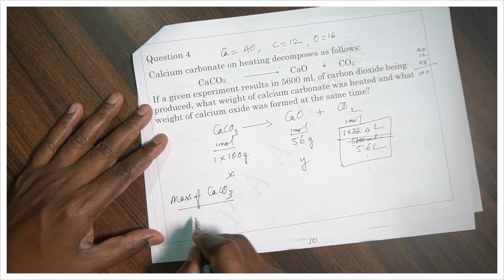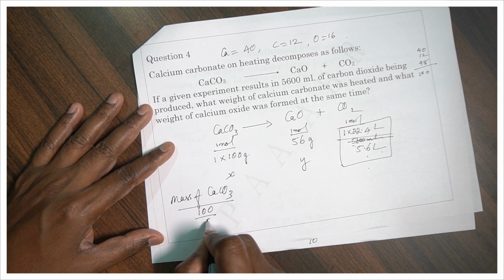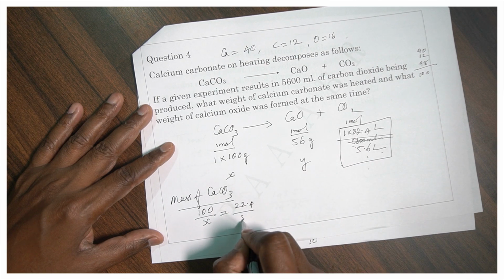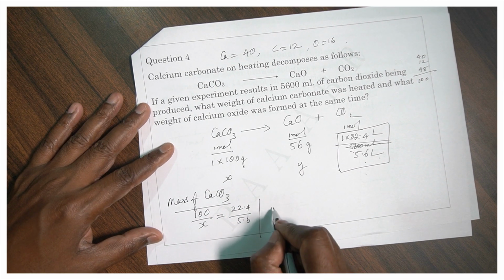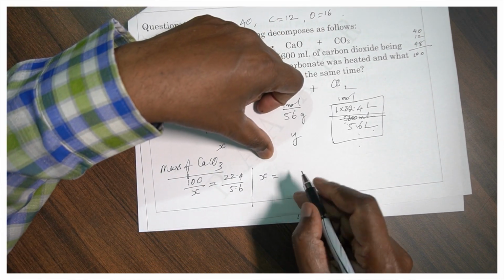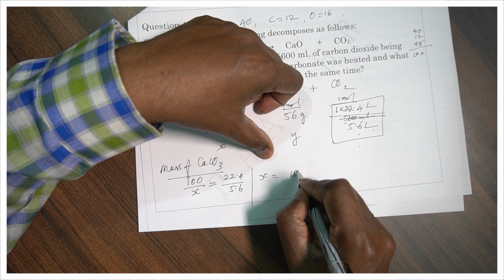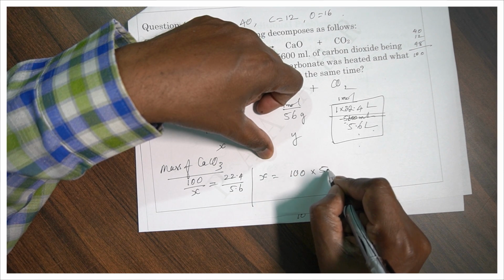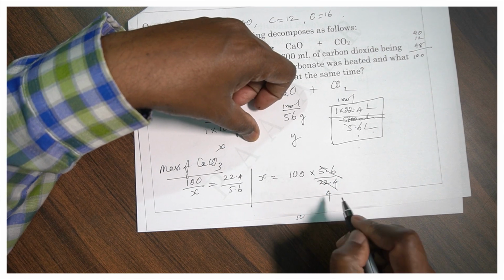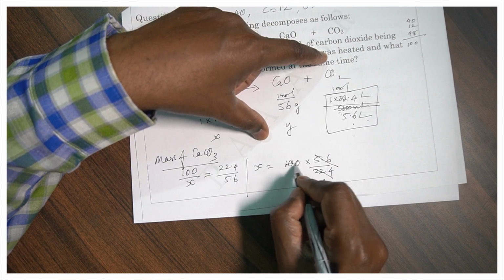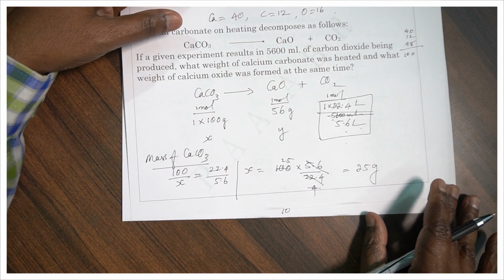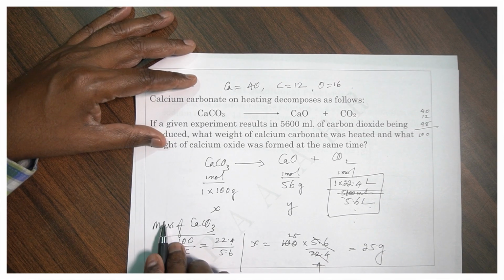How do you find it? 100 upon X is equal to 22.4 upon 5.6. So what is X? X is equal to 100 into 5.6 upon 22.4. We know this is 4 times, and 4 into 25 is equal to 25 grams. So this is the mass of CaCO3.